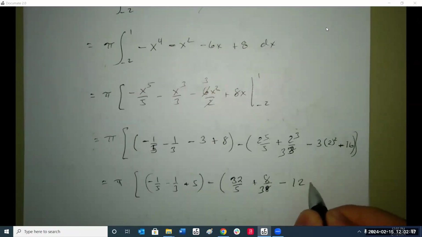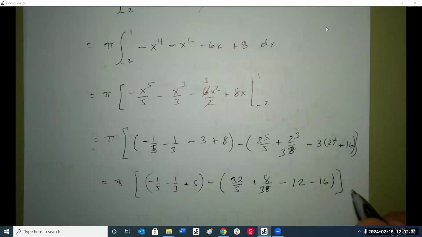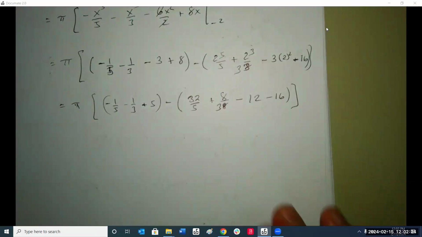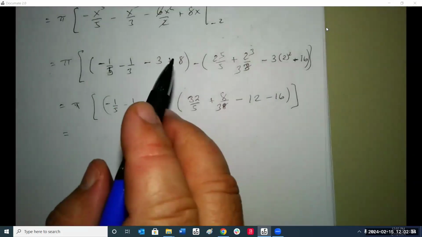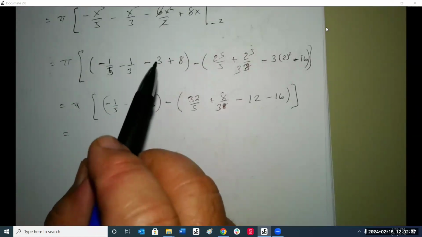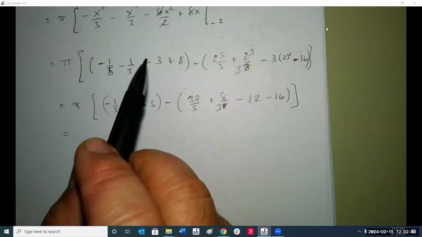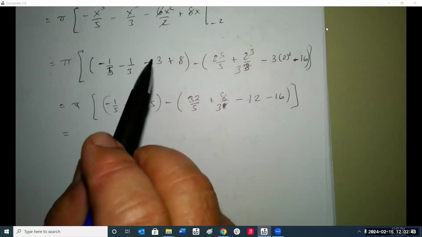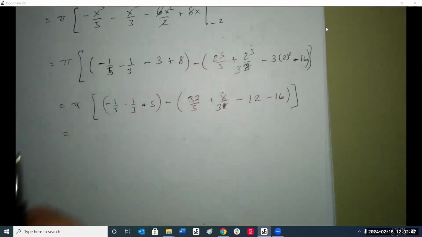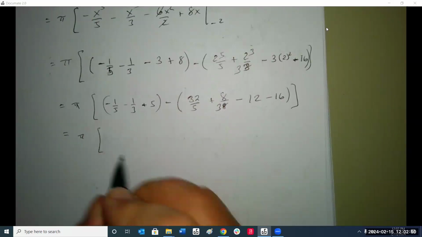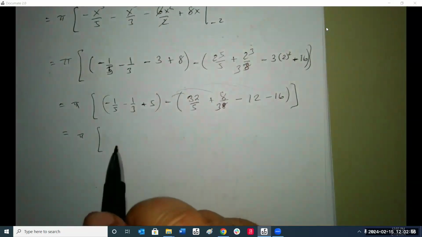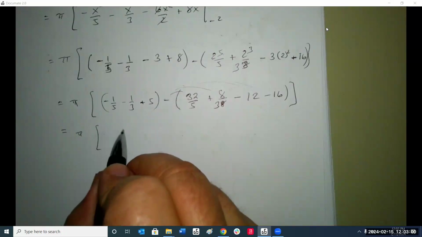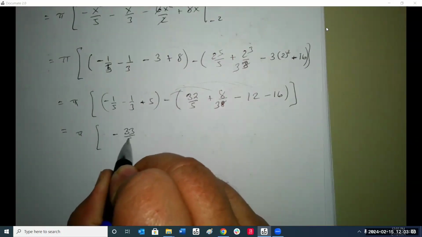Negative 12 minus 16. Negative 32, that's negative 33 over 5.